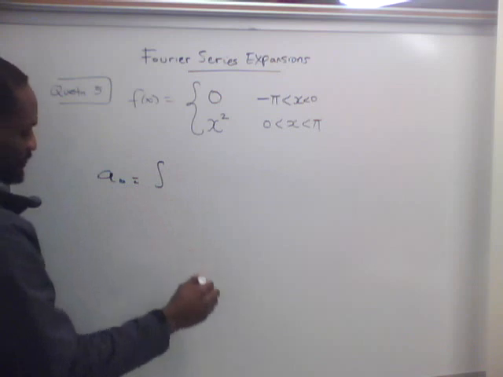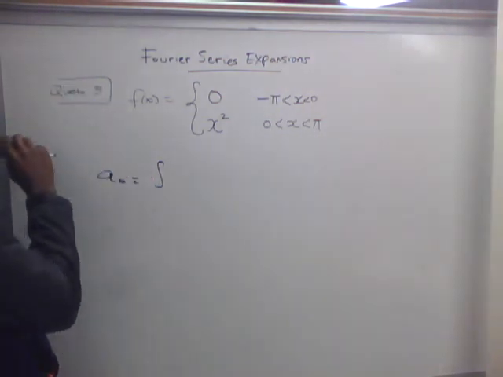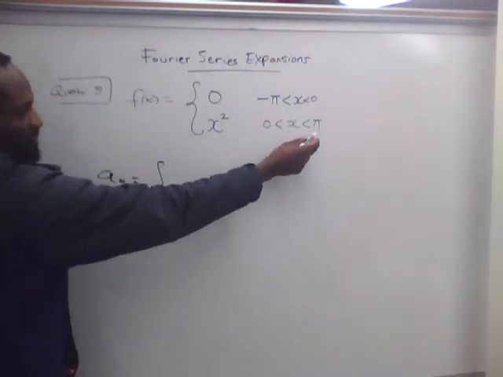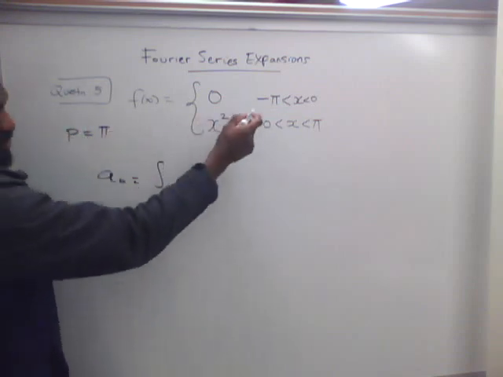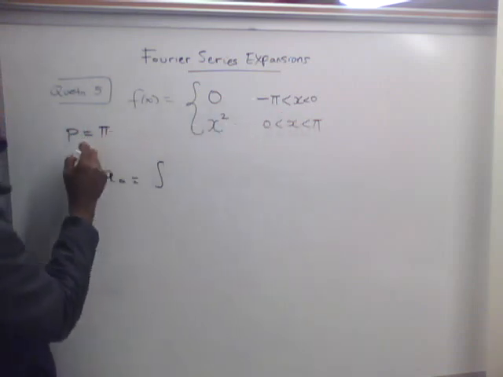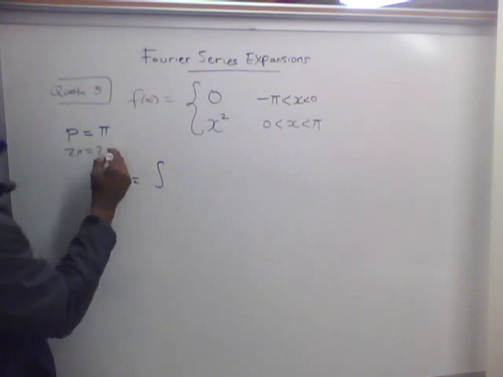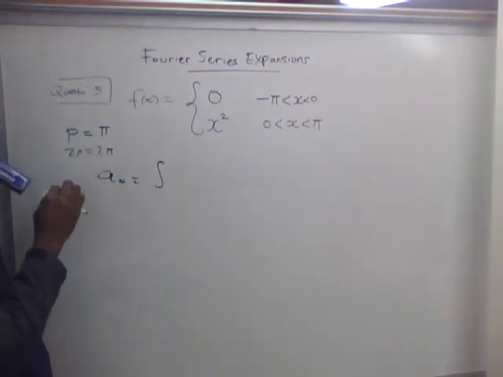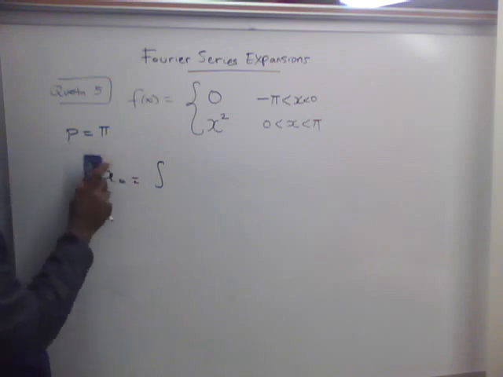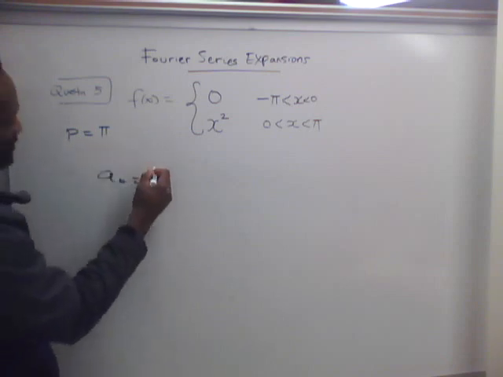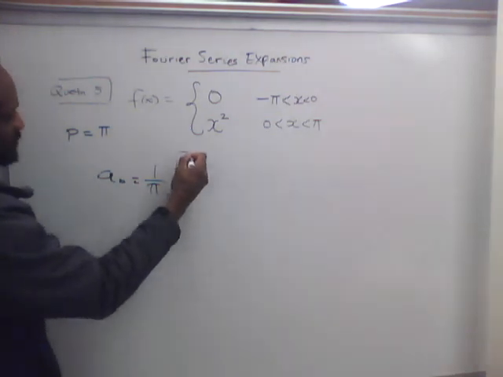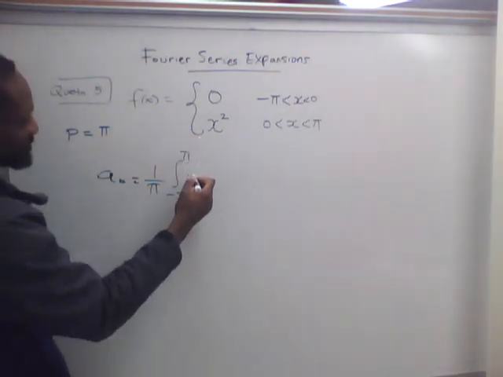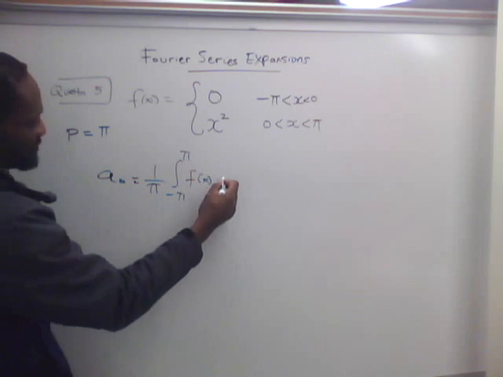A0 is 1 over P, so identify our P as pi, right? Remember how to do that? We know the overall interval is 2 pi, so 2P is 2 pi, and then P is pi. Okay, so since we know P is pi, a naught is 1 over pi integral from minus pi to pi of f of x dx.